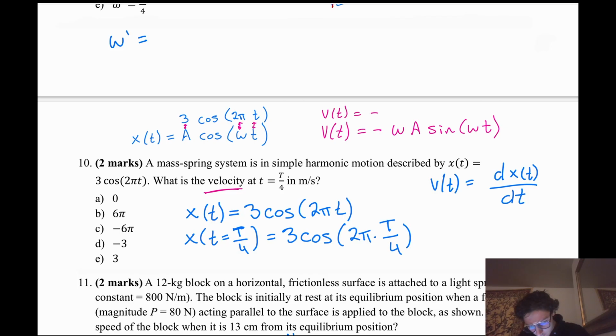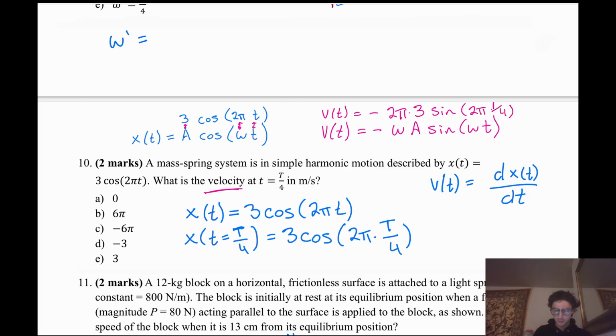v of t is equal to minus, and omega we learned was 2 pi, and this a is 3. And now we have sine of omega, which is 2 pi, times t, and we learned that t is equal to capital T over 4. And we learned that capital T is 1. Boom.